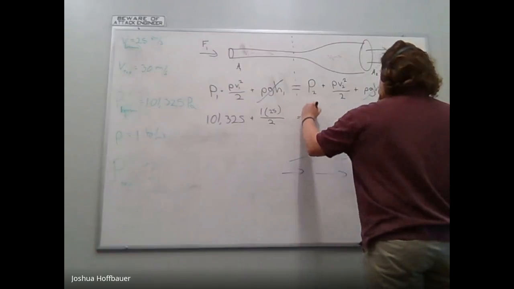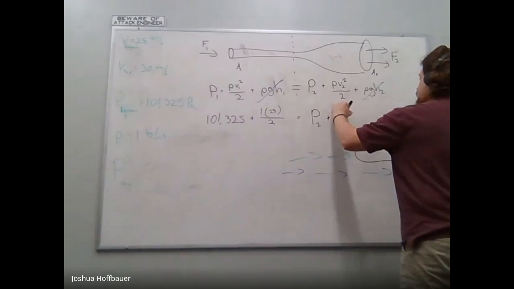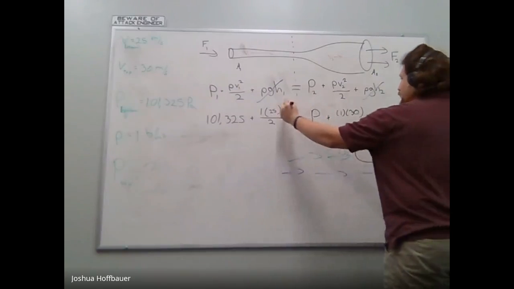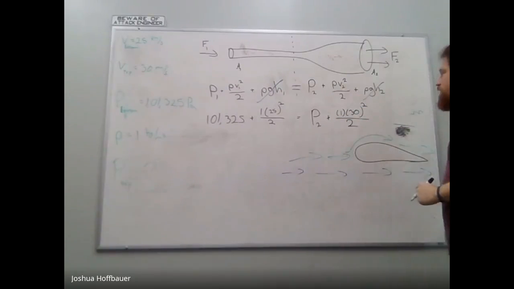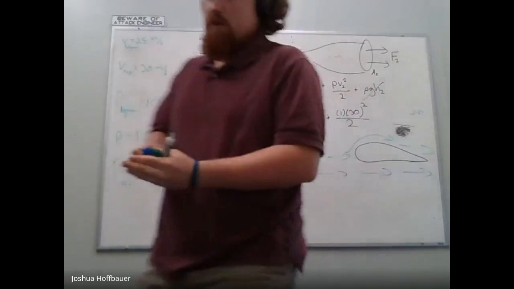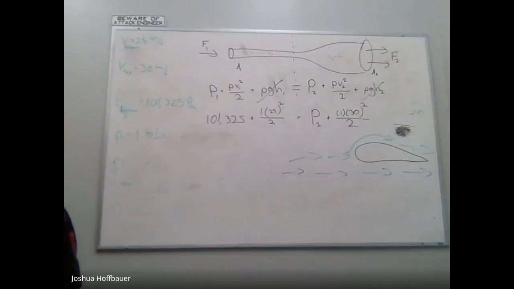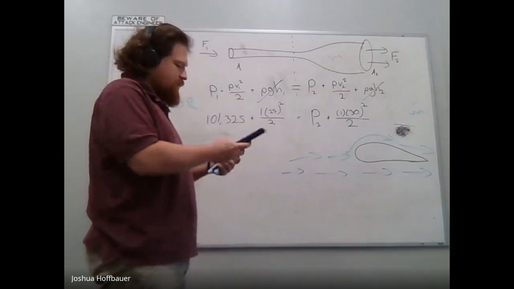On the right side, we want to solve for what the pressure is above the wing. And we know air density times velocity on top of the wing. We need to square these velocities, divided by 2. And now to fish my calculator out of the bottom of my backpack. All right, so we're just going to simplify this by one line.